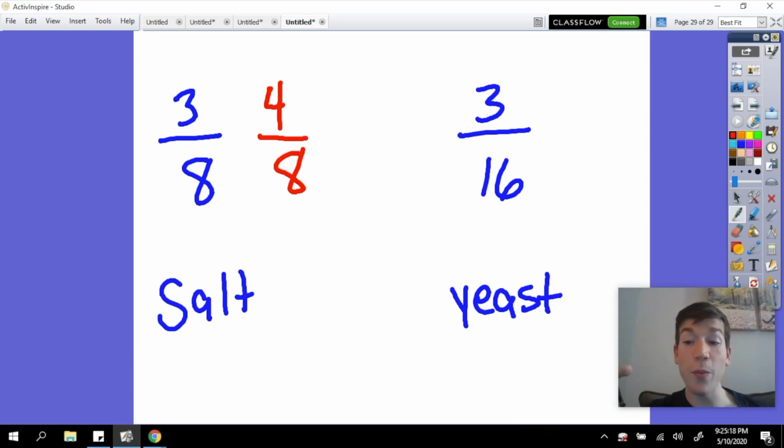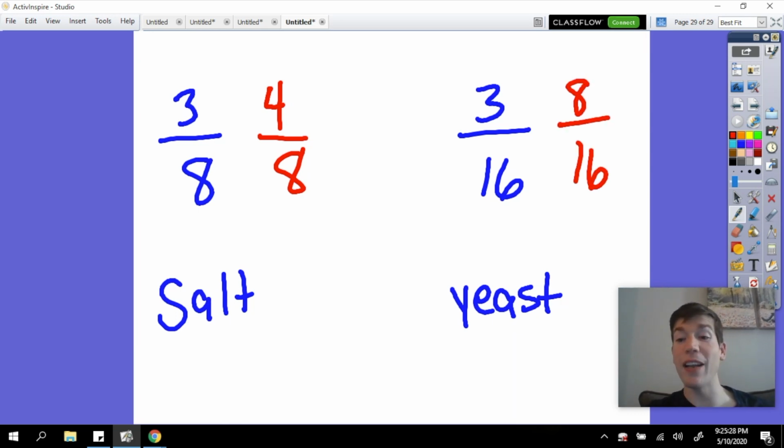Now, when we're talking about 3/16, we're talking about a number even smaller than that, because remember, 8/16 would be half. So I'm actually looking at a little closer to half of a half, because if I half that, we would have 4/16.